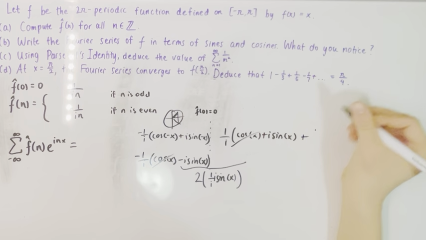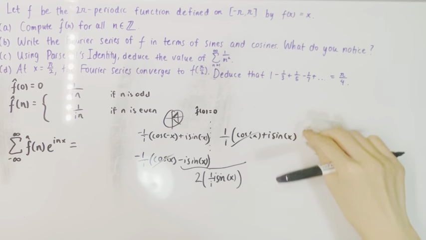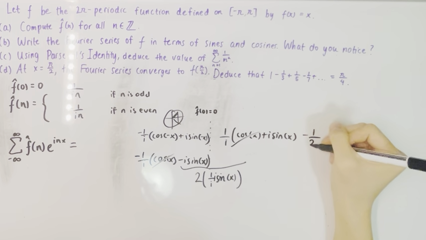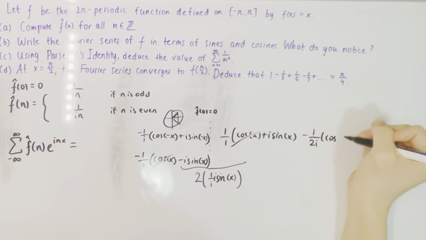So if n is even, we have negative 1 over 2i times cosine 2x plus i sine 2x.